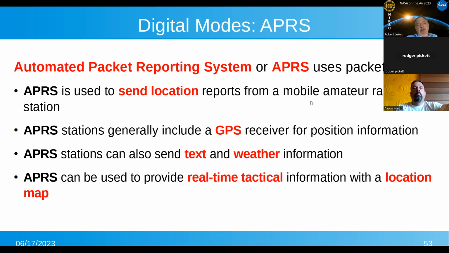The APRS stations, like your mobile and the talkie, can also send some text or weather information. And you can get one of these real-time tactical maps similar to the Packet Reporter info site. We used it at the, it was November or December, there was a T-minus 10-mile run out at the Cape that we supported.